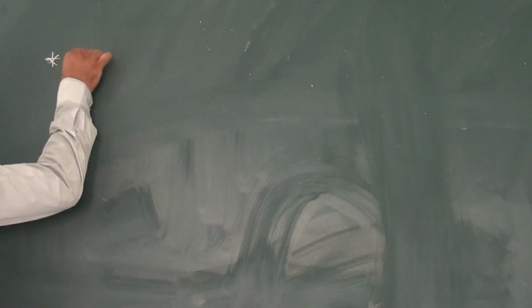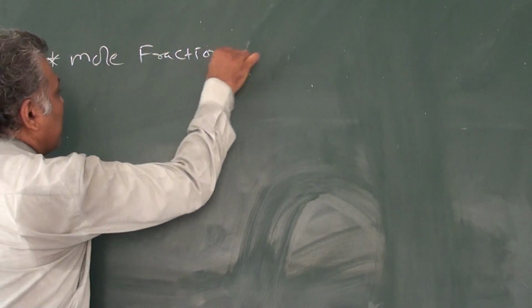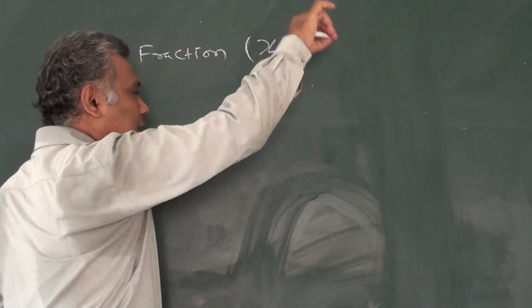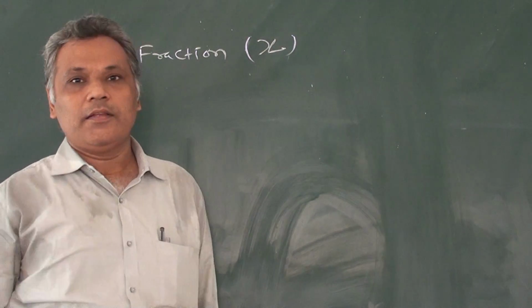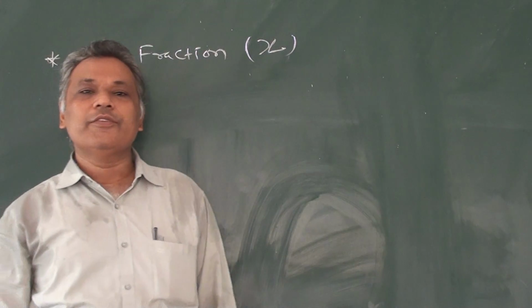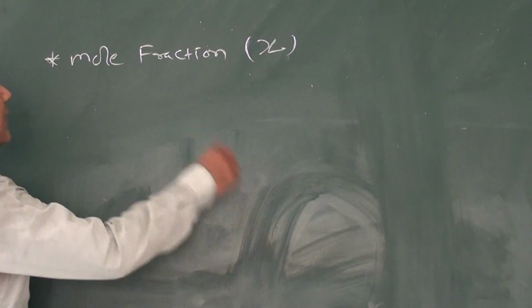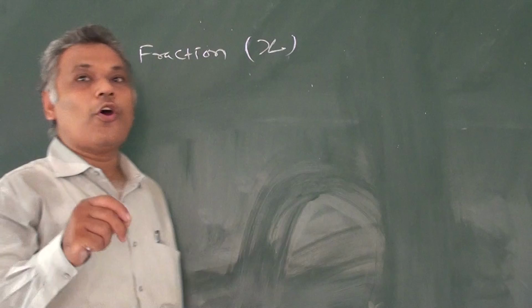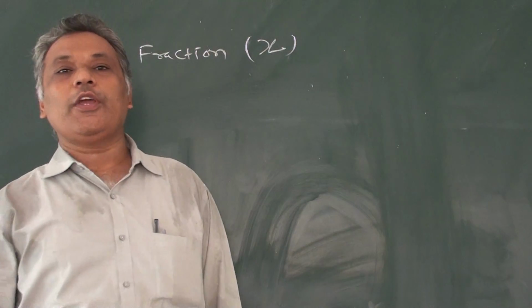We can say it as mole fraction. It's symbolized by, it looks like X, but actually it's not X, it's a chi. But for simplicity, for the students, we use the letter X for it. Okay, it's a ratio of moles of the component upon total moles of the component.